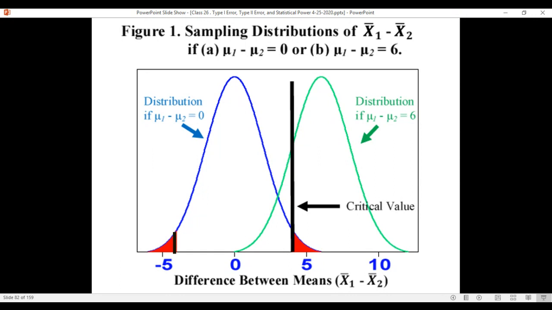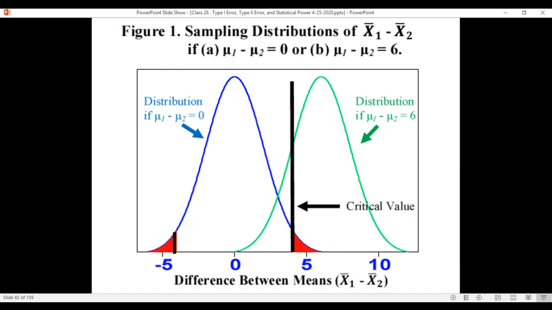Okay, now this is the mean. This is the sampling distribution when there's no difference between the population means, and its mean is 0. We've talked about that: when it's the sampling distribution of the difference between two means when the null hypothesis is true, then the expected value is 0.